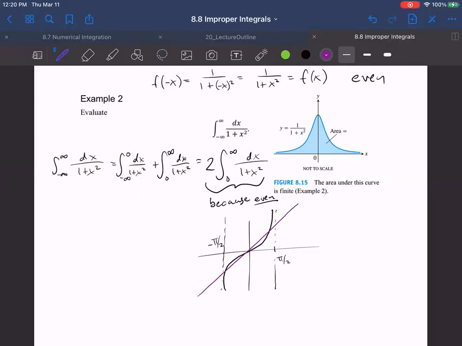So what does this one look like? It looks like that. Right?